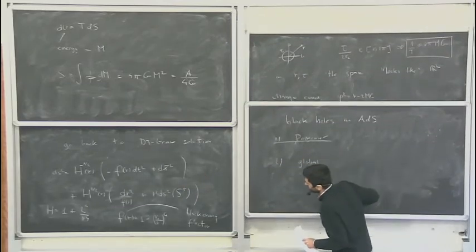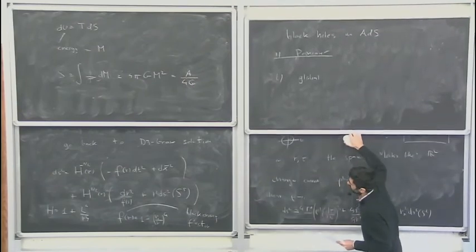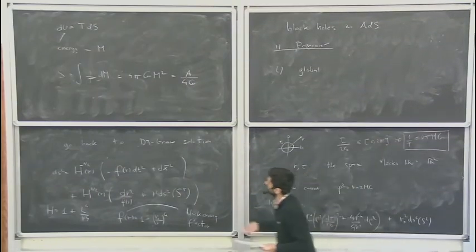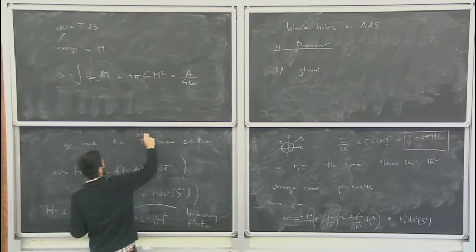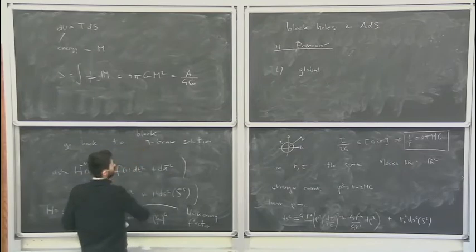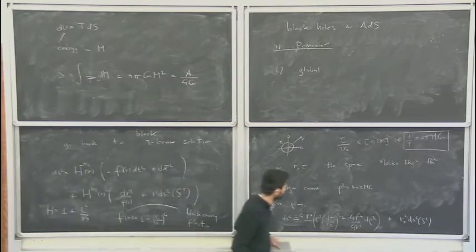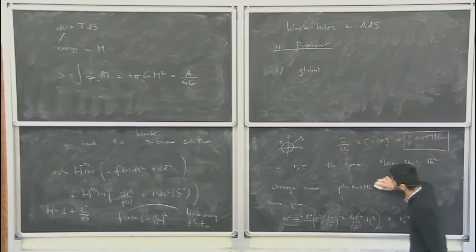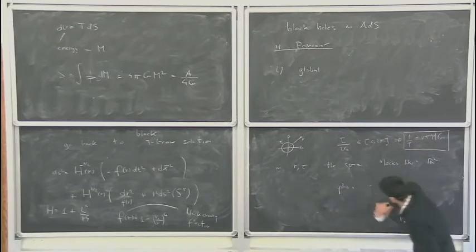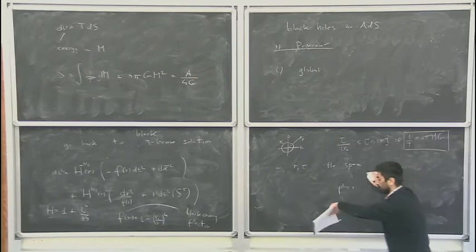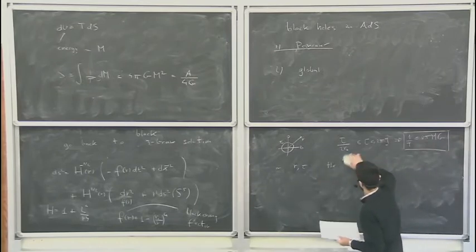And the reason for this name is that, as I mentioned, this is now called a black brane. Actually, in the old days, there was no D, so it was just black p-brane solutions. And they are black, exactly as the black hole, for the same reason, in the sense that there is an associated finite temperature, which we are going to discuss more extensively after the break.